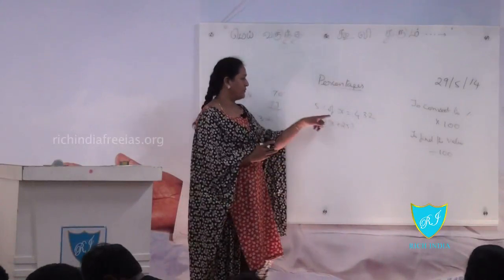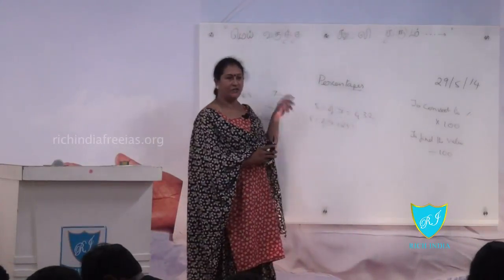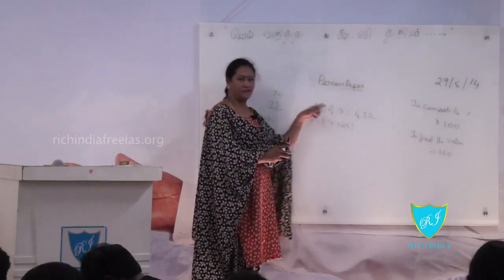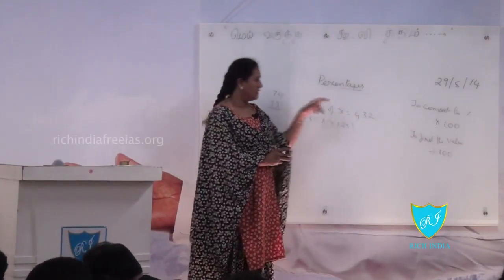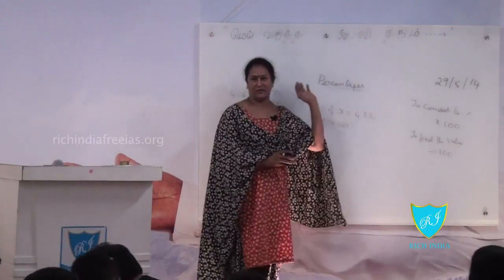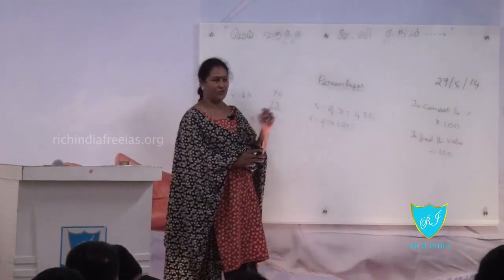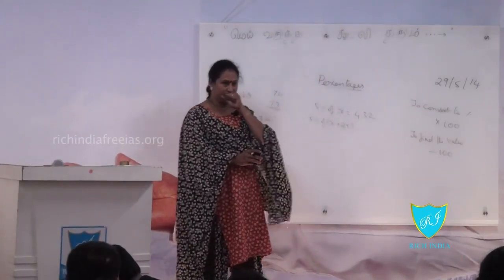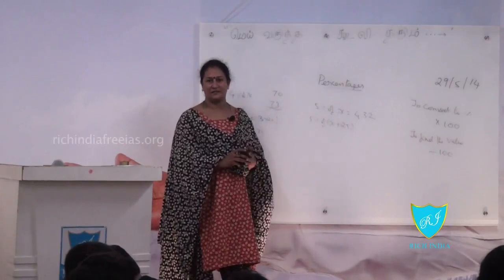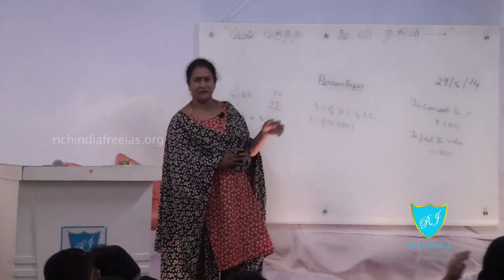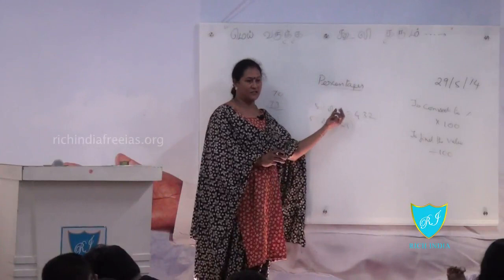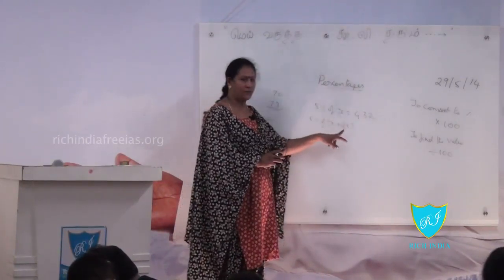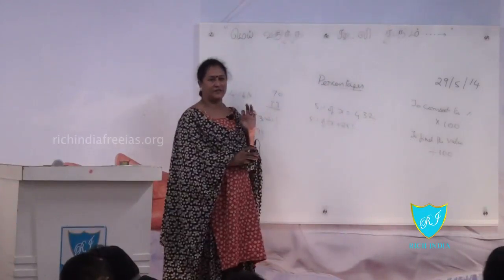So it is given that 5% of x is 432. So we would find what x is. For x, you multiply 5 with 20 to get 100%. So you multiply by 20 and get the number, then add 25 and find 5%.